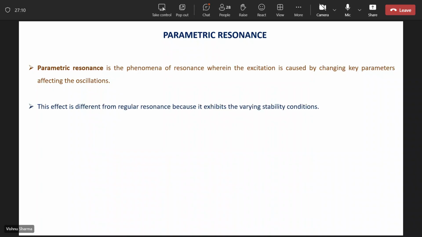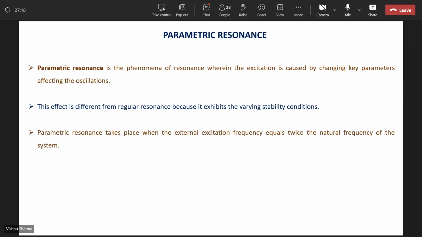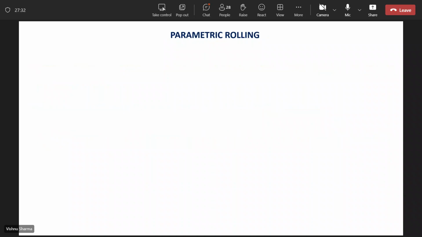This effect is different from regular resonance because it exhibits varying stability conditions. Parametric resonance takes place when the external excitation frequency equals twice the natural frequency of the system. We saw the person pumping the swing twice in one oscillation. Now let us understand how the stability is altered.